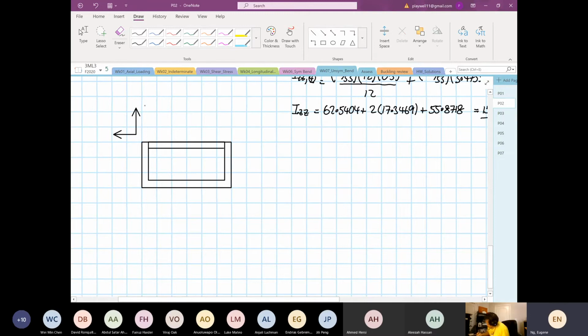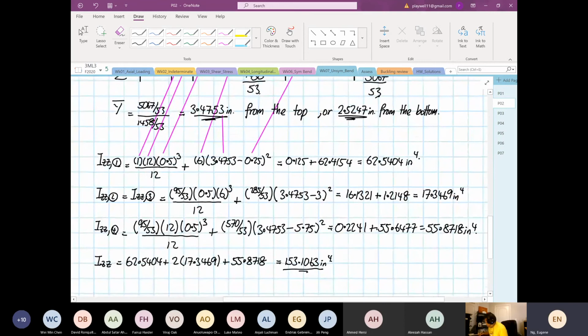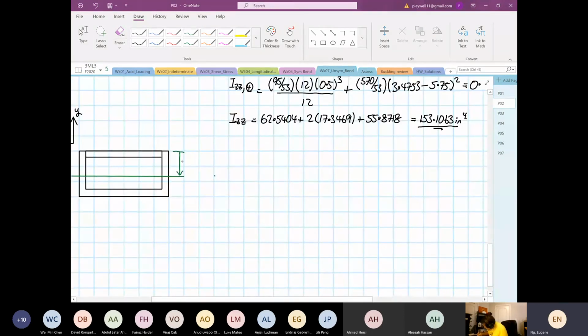This is Y and this is Z. We know the centroid from the top is 3.4753.